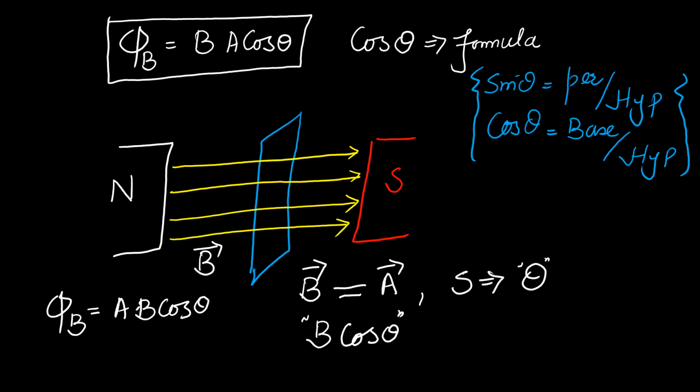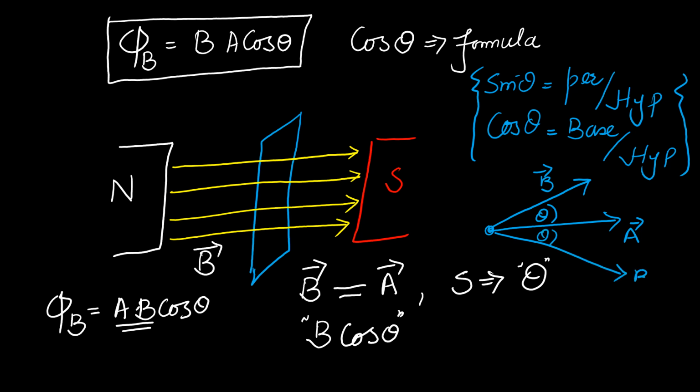Suppose that this is the area vector. So magnetic field lines basically pass through an area at a different angle. It could be with this angle, it could be with an angle like this, and so on.